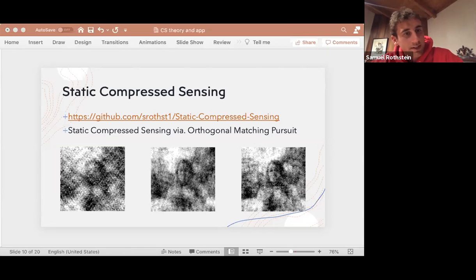This static compressed sensing uses the orthogonal matching pursuit algorithm, which is essentially a method for finding the smallest candidate L1 norm that we talked about above.